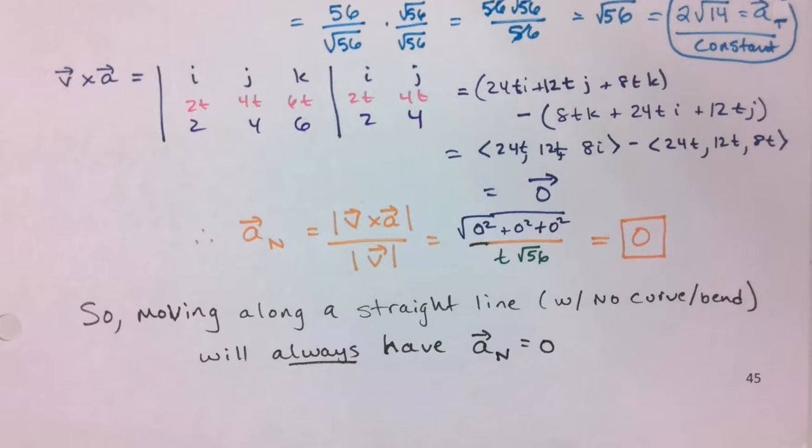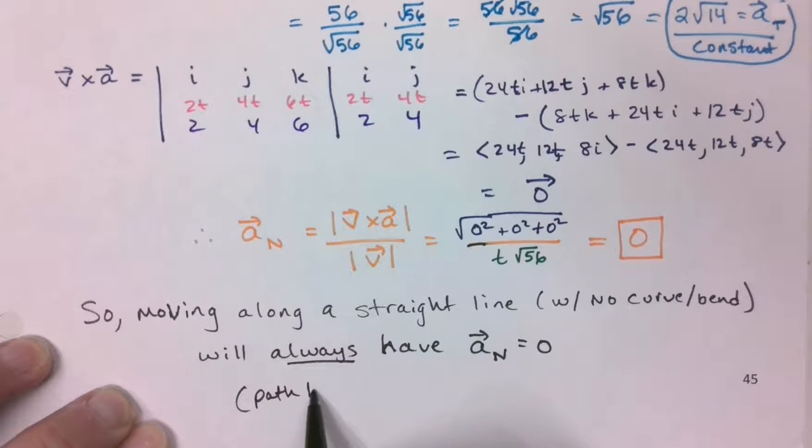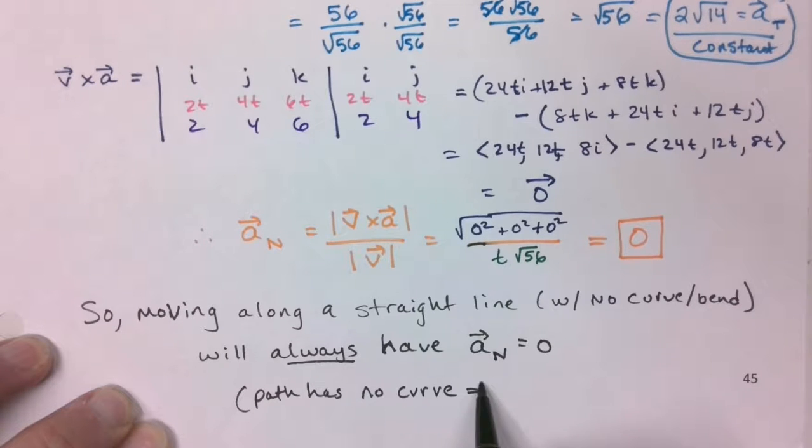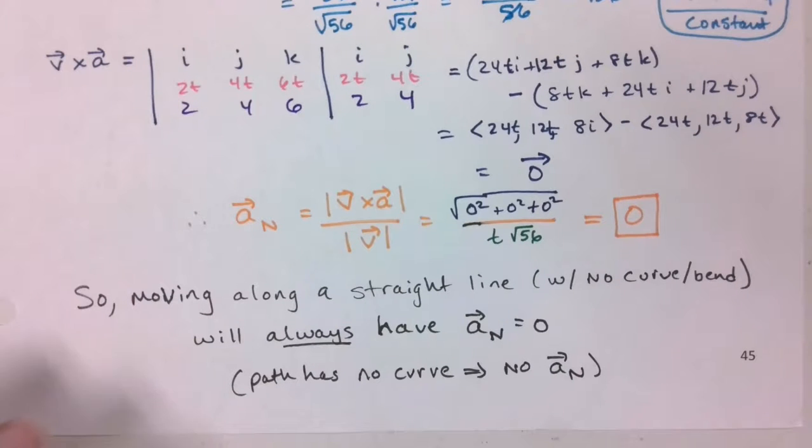It has to, because it has no curve. So we're looking at a line. As you move along a line, there's no curve or arch to it. Therefore, you can't have a normal component of the acceleration, because that's based on the curvature of the path that you're following. So if your path has no curve, then there's no a sub n. There's no acceleration in the normal direction.